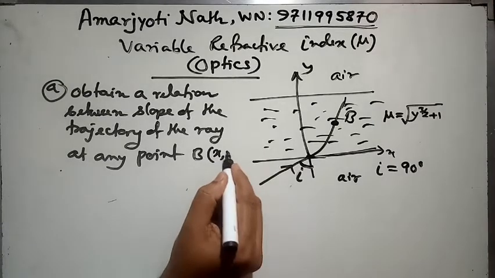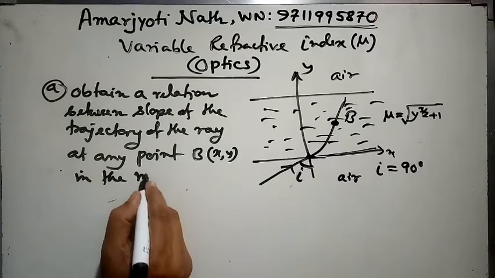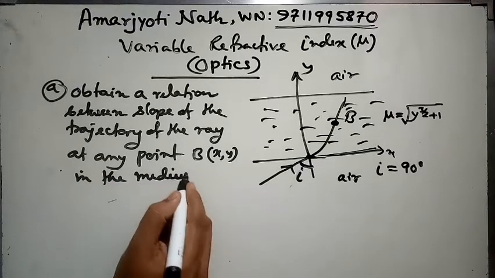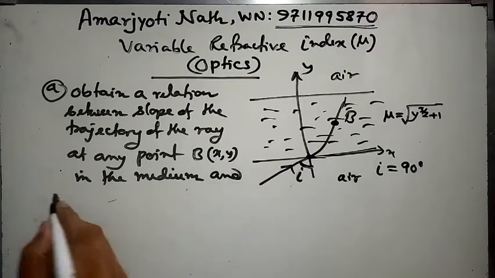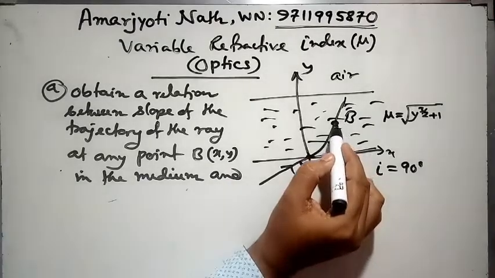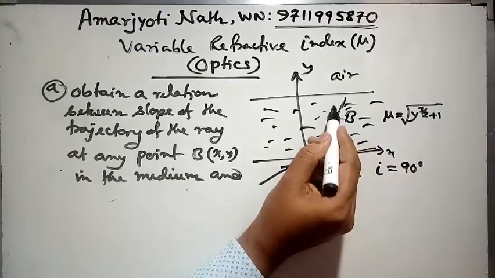And the incident angle at that point. What will be the incident angle at that point? Say this is the incident angle. We have to draw the normal also.